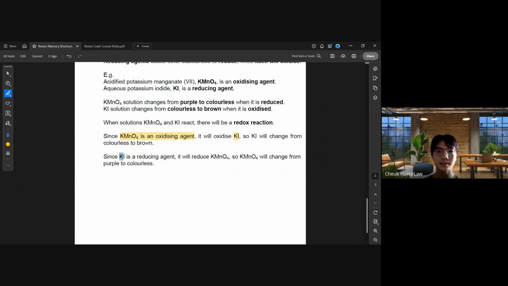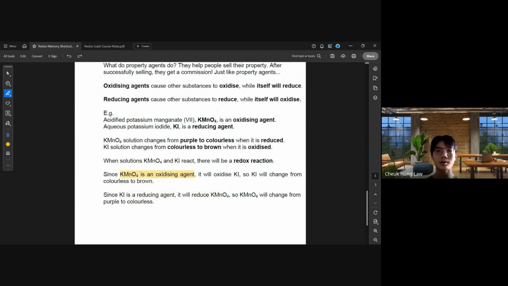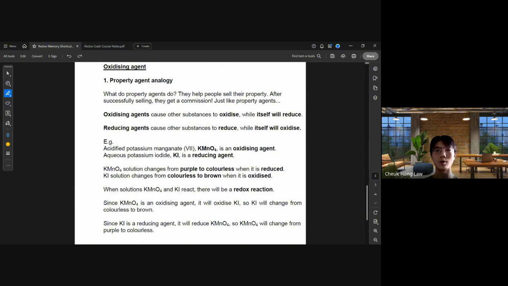And since KI is a reducing agent, it will reduce KMnO4, so KMnO4 will undergo reduction and change from purple to colorless. That is how oxidizing agents and reducing agents work. They need each other in order to reduce or oxidize.